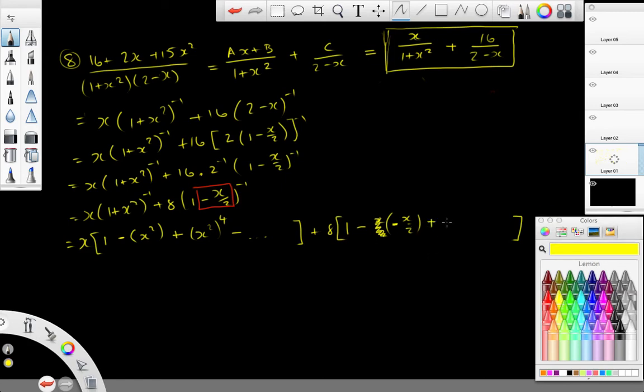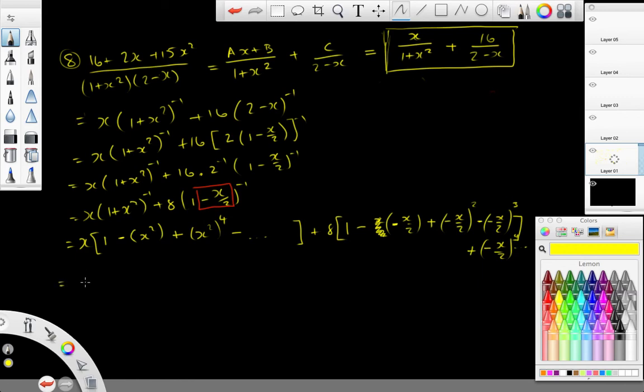Plus, and then we've got minus x over 2 squared, minus x over 2 cubed, plus minus x over 2 to the power 4 and so on. Is that right? Minus plus minus plus. Yes.